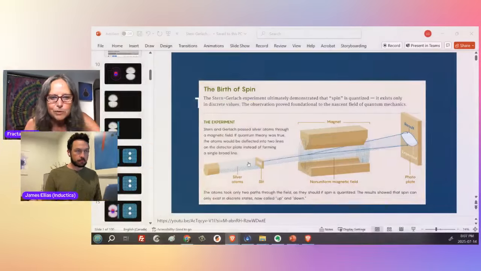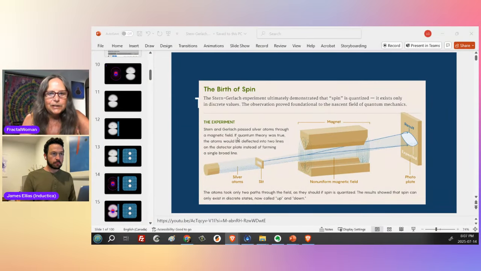So they made certain assumptions at the time. I don't know if I'm right or not, but I'm very suspicious of this going up and going down. When I take a magnet and pass it between two magnets, that magnet is going to align with these two magnets.